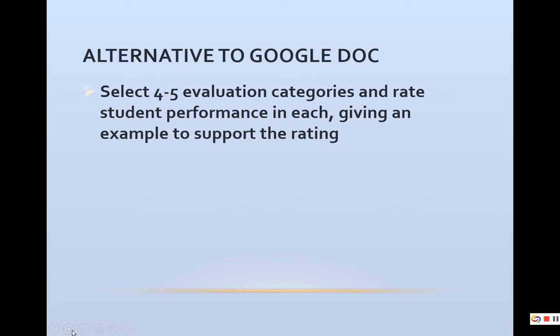Or if you gave them a 4, what did they do or say that indicated that they were doing better than average? Again, that kind of feedback is so important for the students. So we need to support the grading that we give them in their clinical evaluation. We'll be talking more about that evaluation tool shortly.